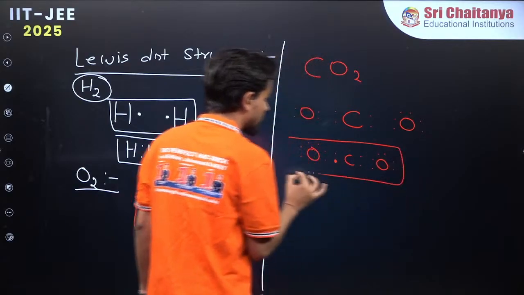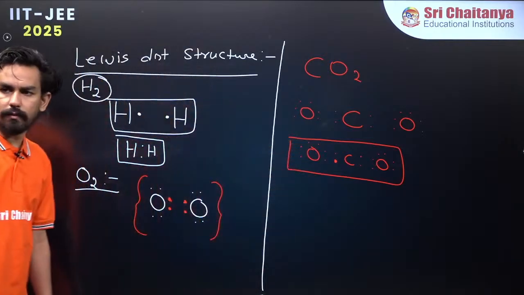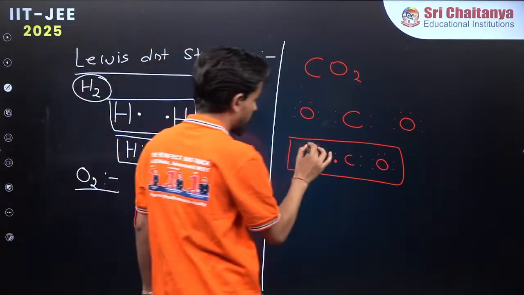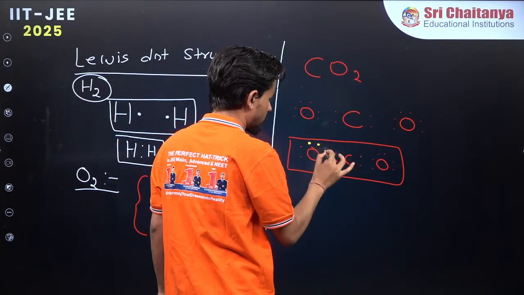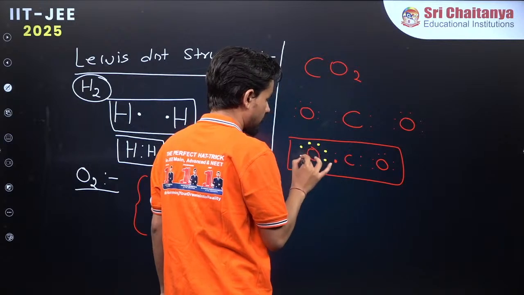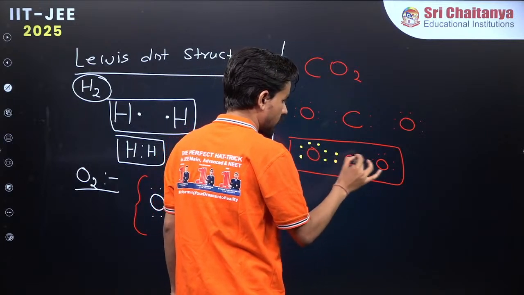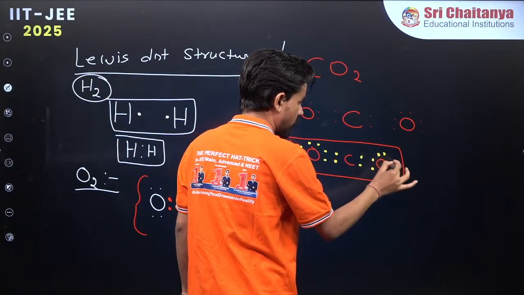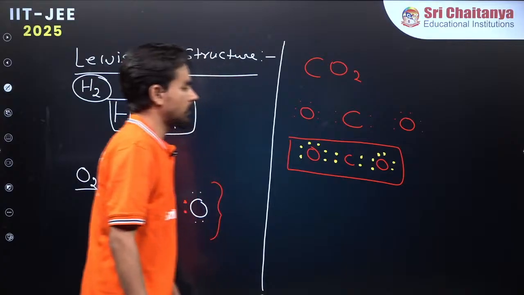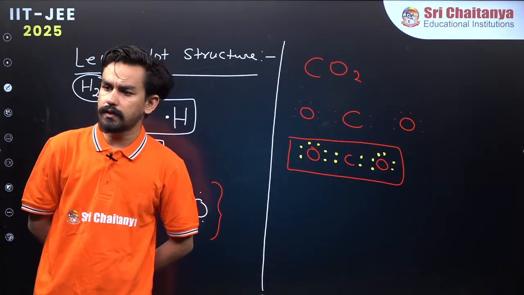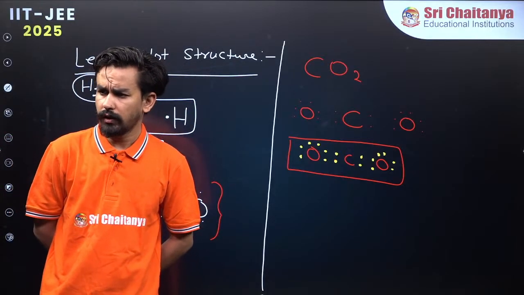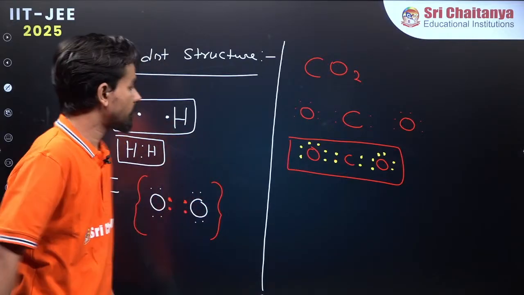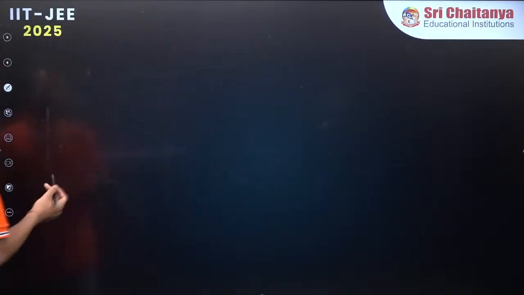That is the structure. Above one, below one means the same thing. I think you can't see that color. Let me write it properly. 1 2 3 4 of carbon, and 1 2 3 4 5 6 of oxygen. This you can see very easily, I think. Very good. CO2, O2, these are very easy.